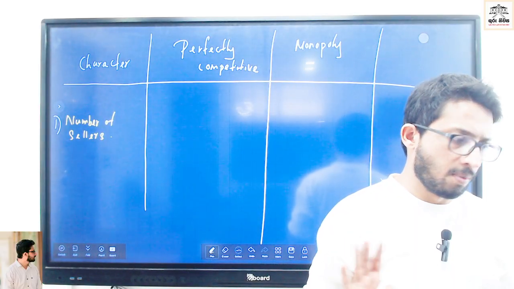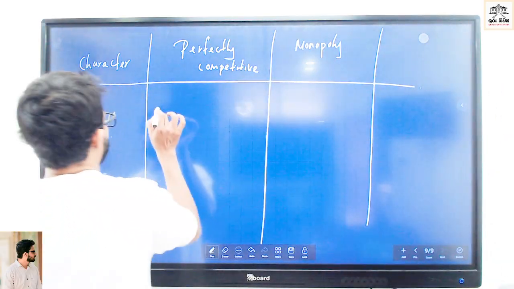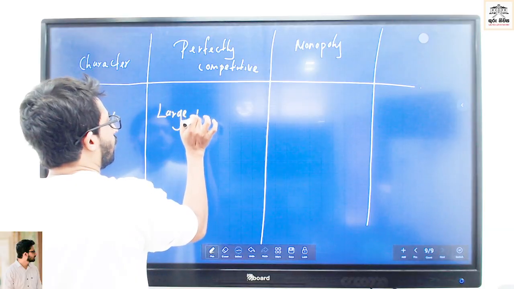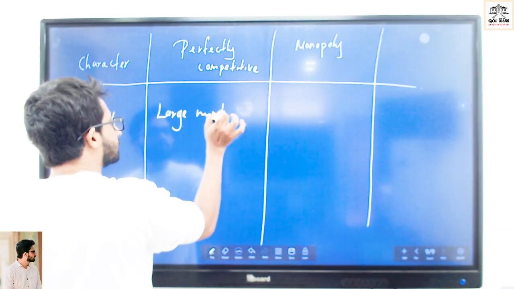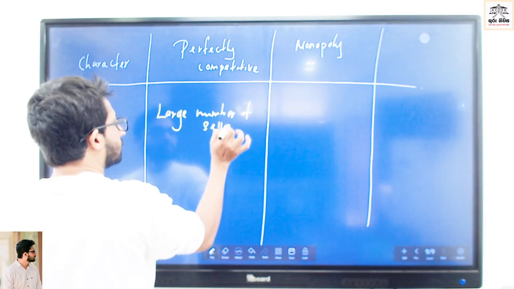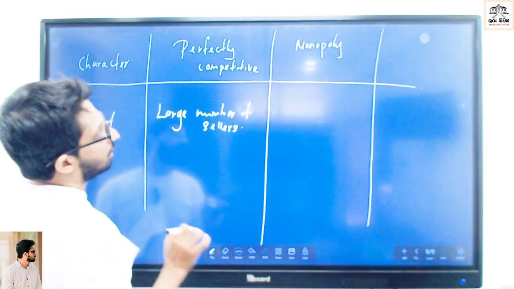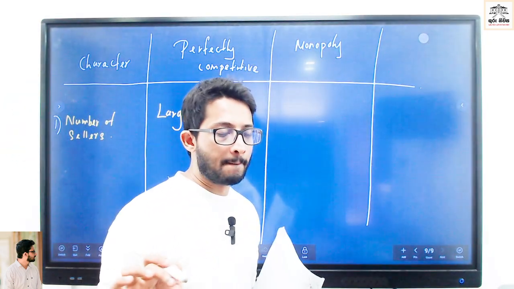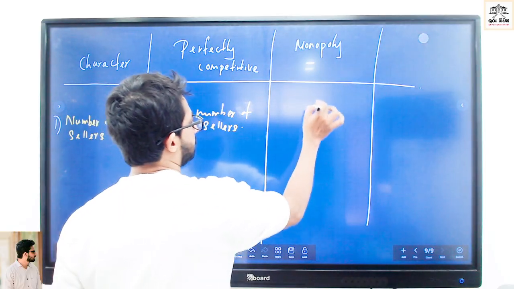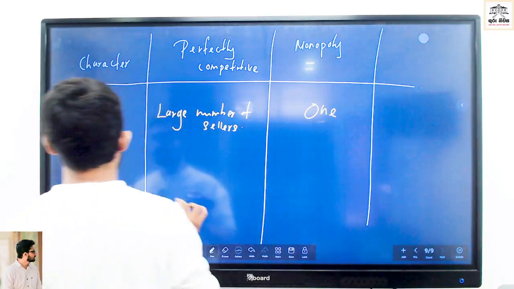More sellers, or we can say a large number of sellers. Monopoly, simple: a single seller, one. Right, first one done.